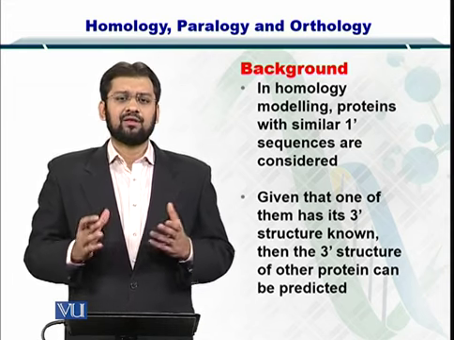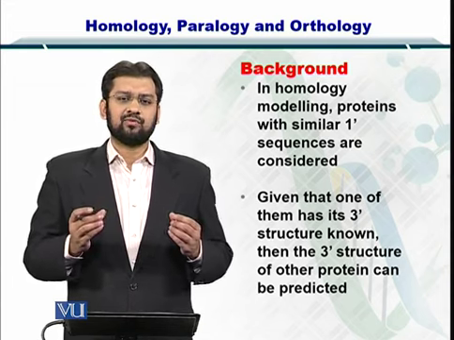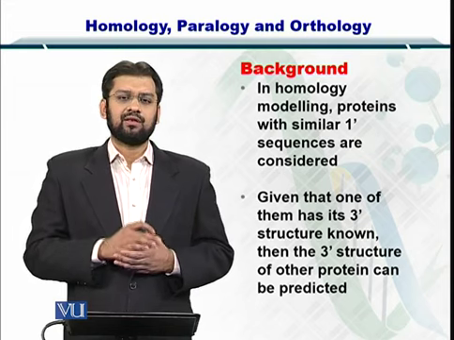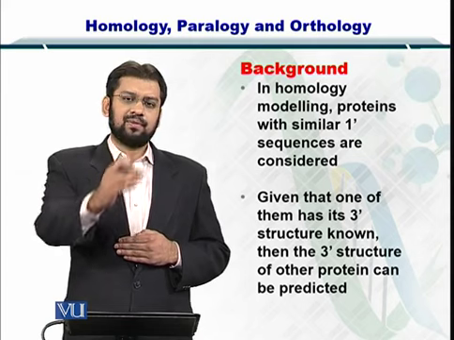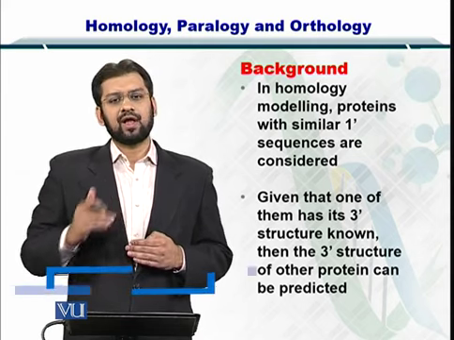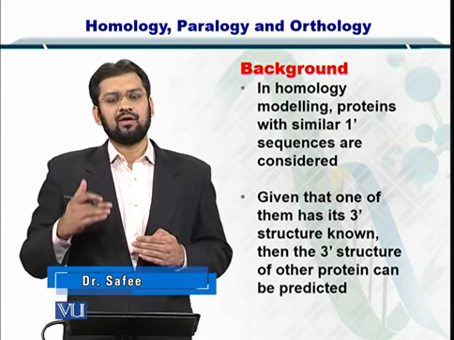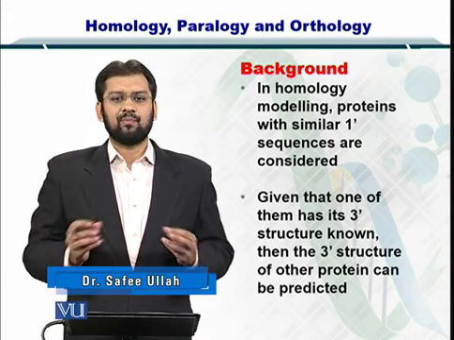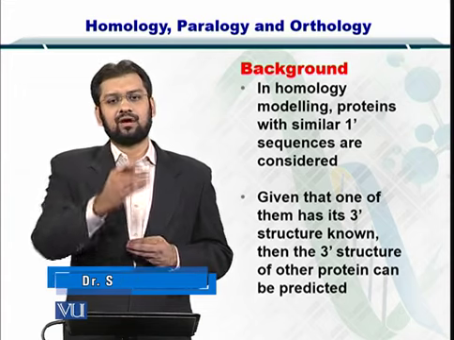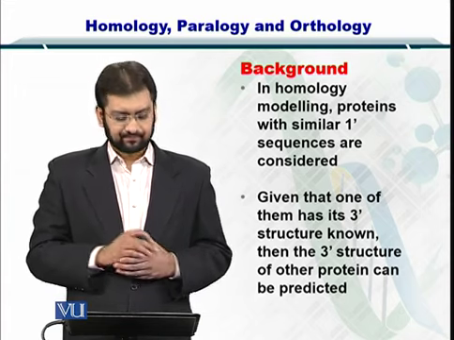So given that you have amino acid sequence for proteins, the idea is to be able to predict their three-dimensional structure, by looking at other proteins whose sequence and structure are known. So by comparing such sequences, you can talk about their structure as well.